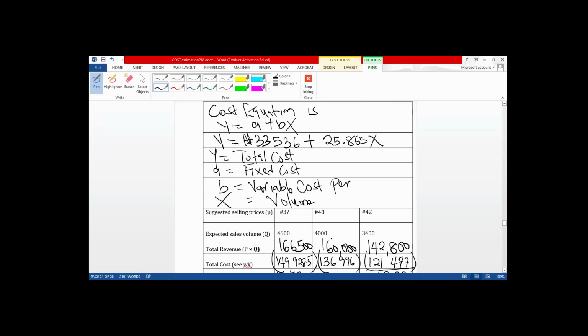If we produce 4,000 units, our total cost will be 136,996. If we produce 3,400, our total cost is estimated at 121,477.